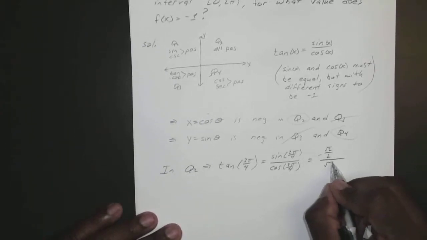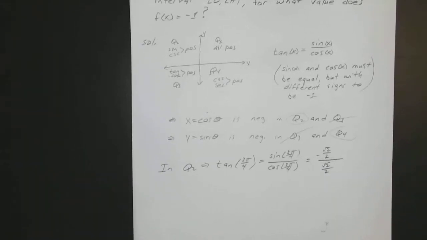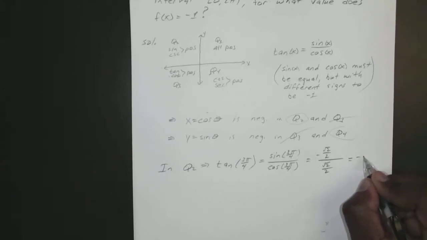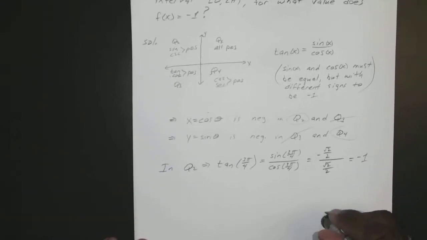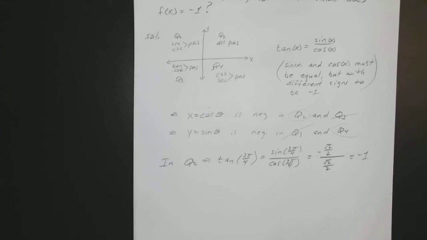And cosine, your x value, is equal to positive square root of 2 over 2. Okay. So anything divided by itself would just be 1. And you have a negative there, so that's going to equal -1. Does that make sense? All right.